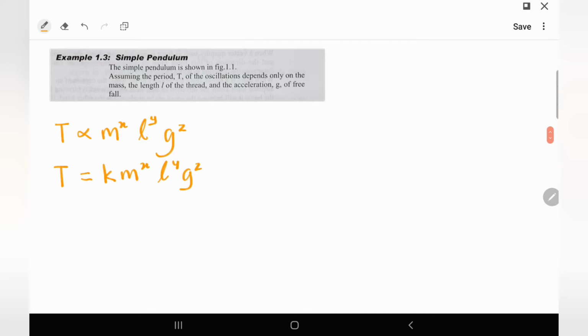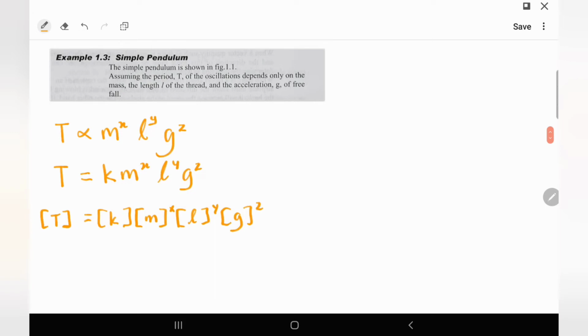Okay, so by using dimension analysis, we know that the dimension for both sides should be equal to each other. So dimension of T equals the dimension of K times the dimension of m to the power of x, and then dimension of L to the power of y, and then multiplied by dimension of G to the power of z.